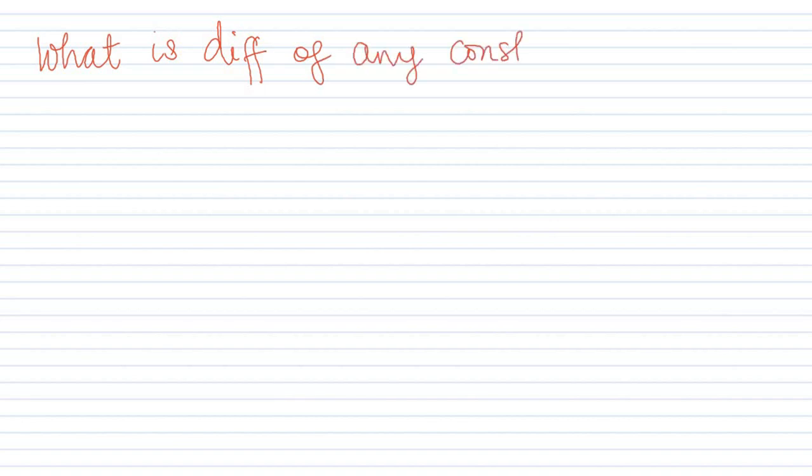So now you can ask too, okay, what is the differentiation of a constant, right? What is the differentiation of any constant? The answer is always going to be 0. 0 is the answer.